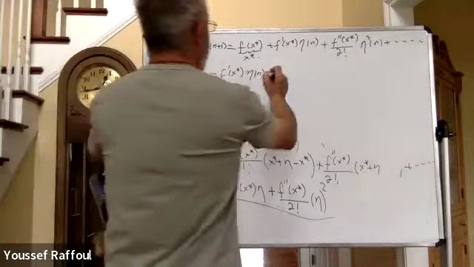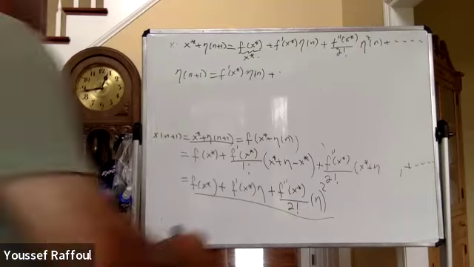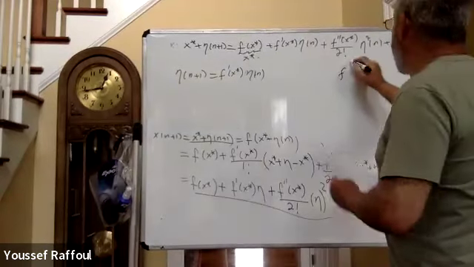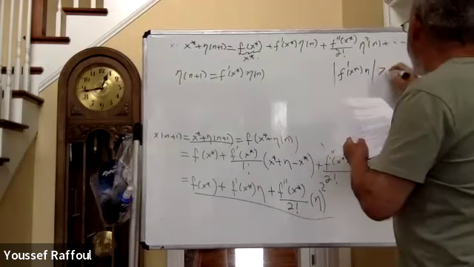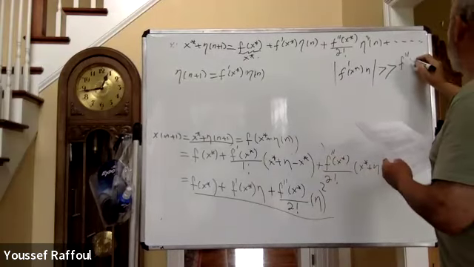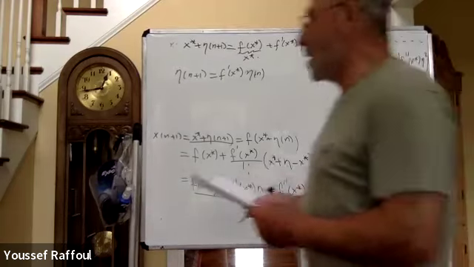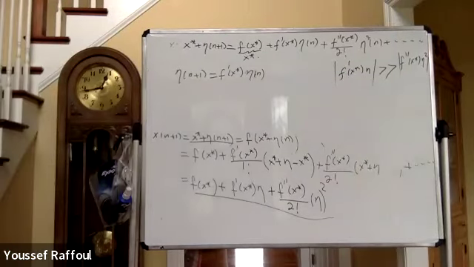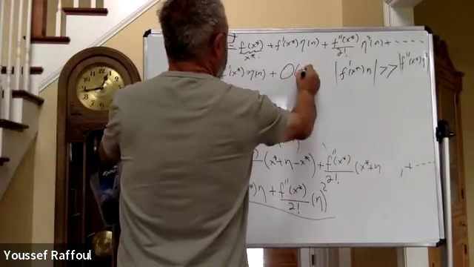Okay? So now we're gonna assume that f prime of x star times eta is way bigger than f second of x star eta squared. And so this is plus O of eta squared.